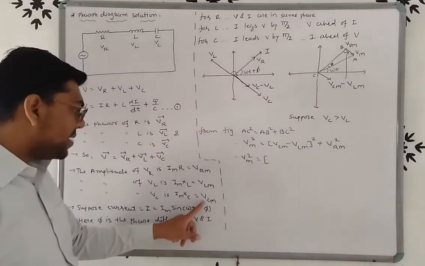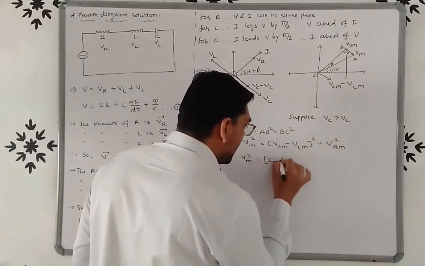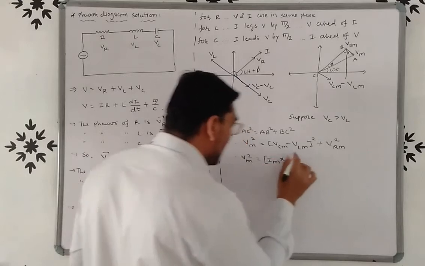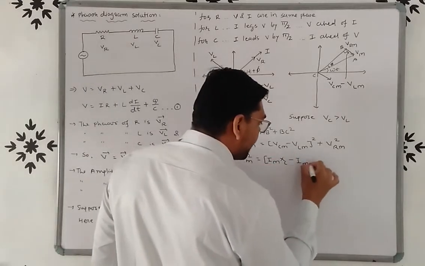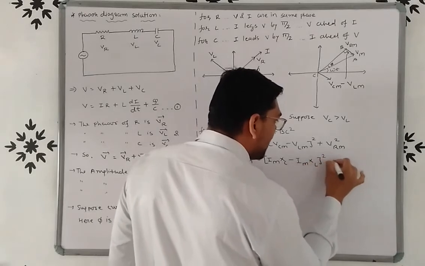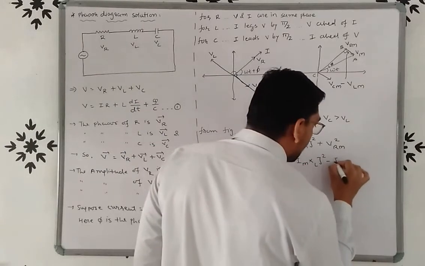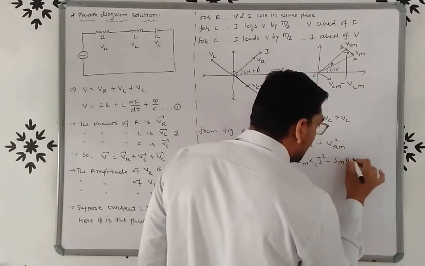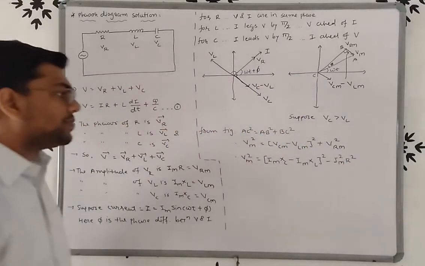Now this VCM is equals to Im into XC, and VLM is equals to Im into XL, whole square, plus VRM, Im into R, whole square, that means Im square R square.